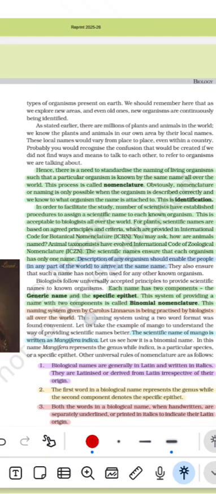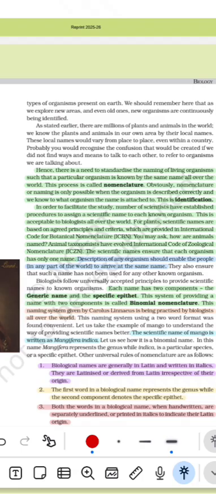This naming system was given by Carolus Linnaeus and is practiced by biologists all over the world. This two-word format was found convenient.